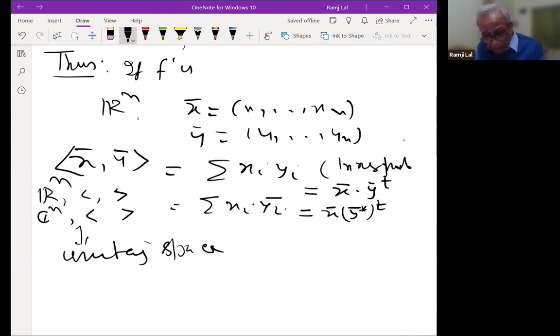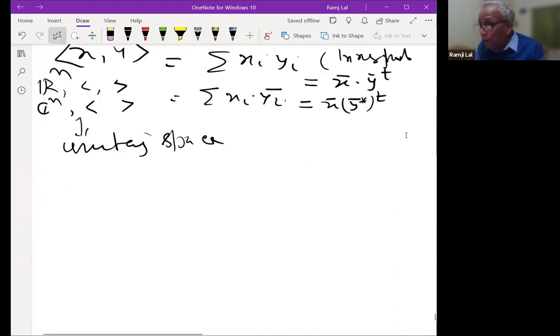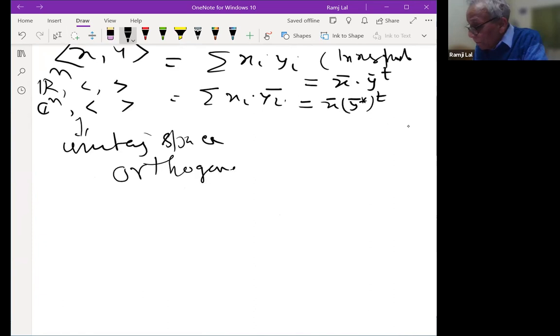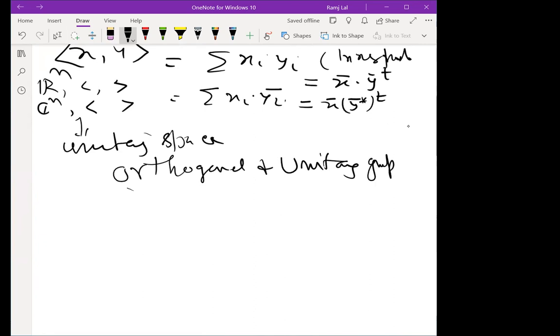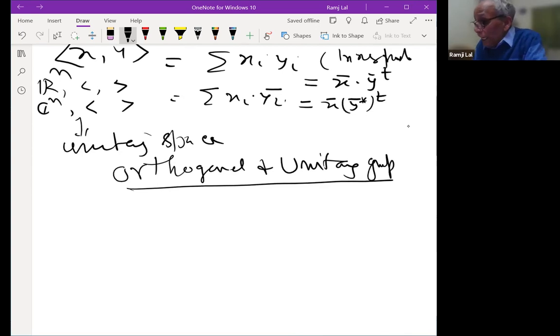So now in this case, what are our classical groups? I'm coming to the orthogonal group and the unitary group. Now the form is this: f(x,y) is given by sigma xi yi, which is x bar y bar transpose, and in the unitary case it is this.